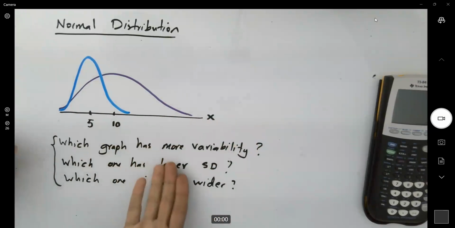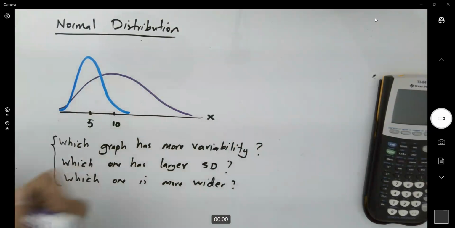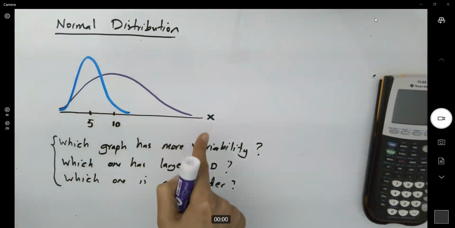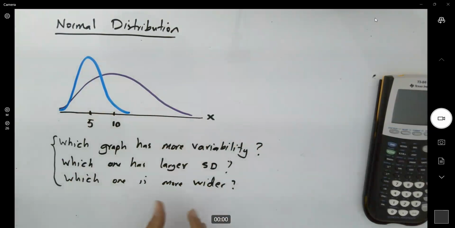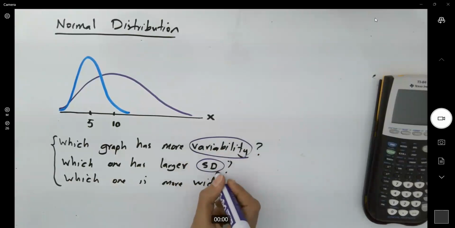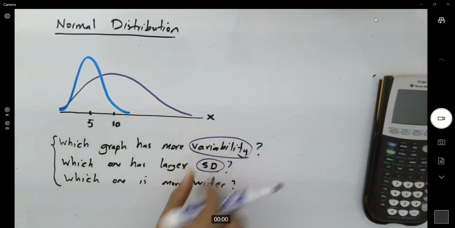Even though I don't have the exact standard deviation, by looking at these two graphs I can say that my purple graph has more variability. It's wider, so I have more variability in the data. Variability, or another word for it, standard deviation. The wider the graph, the more varied the data.